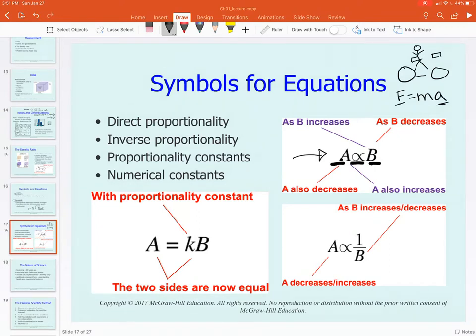But if I want to know the acceleration of something, I've just rearranged this equation. So acceleration is force divided by mass.